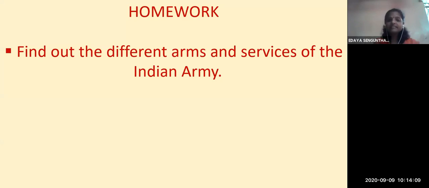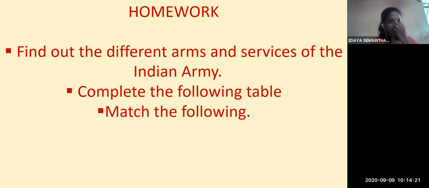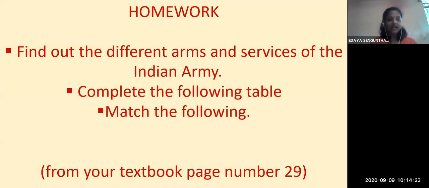What defense system does the Indian Army have nowadays? You have to find those arms and services and list them down. Understood? And complete the following table and match the following from your textbook page number 29. Got it? In this homework, if you have any doubt, you can ask.